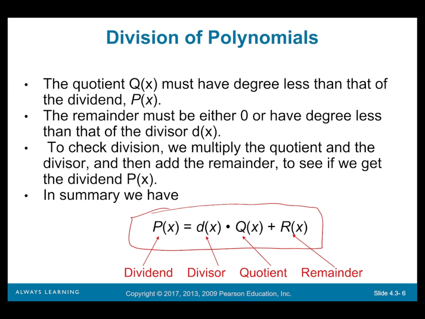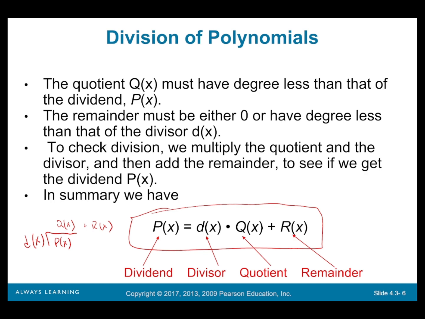The quotient is what we get on top of the house, and the remainder is what's left over. So you could almost write this d of x, house, p of x, q of x, and then plus some r of x for that remainder that gets written at the top again at the end.